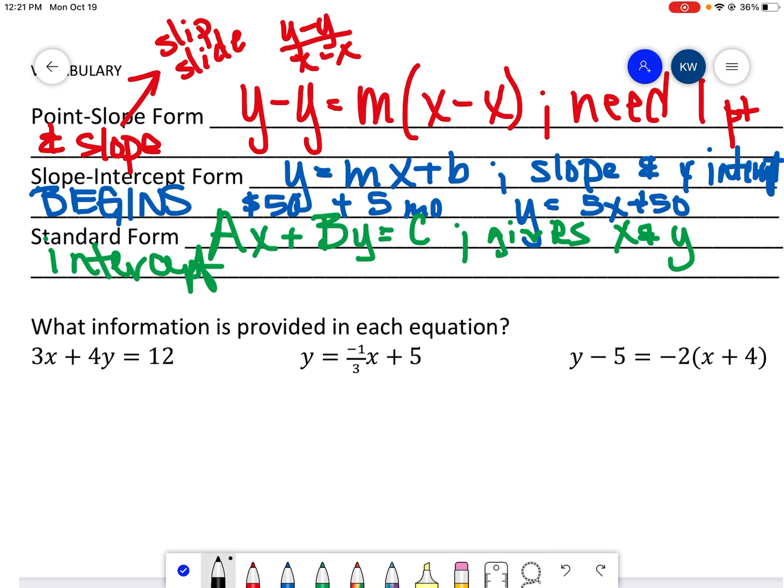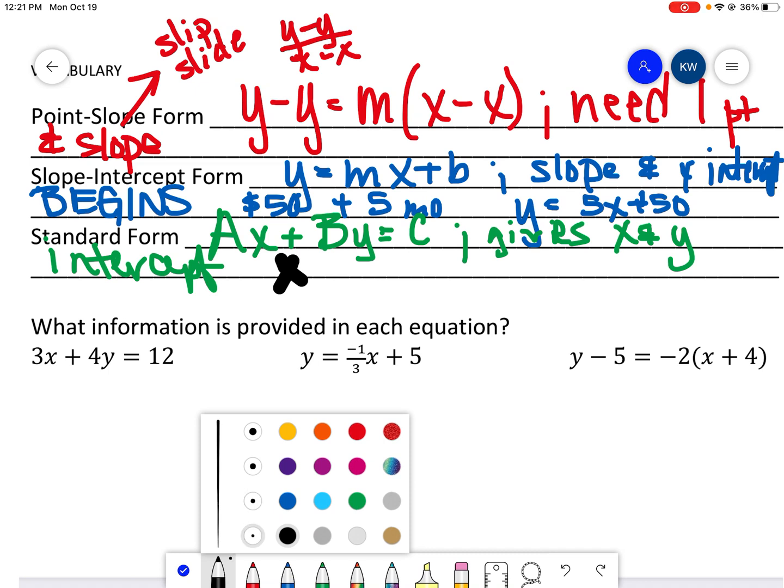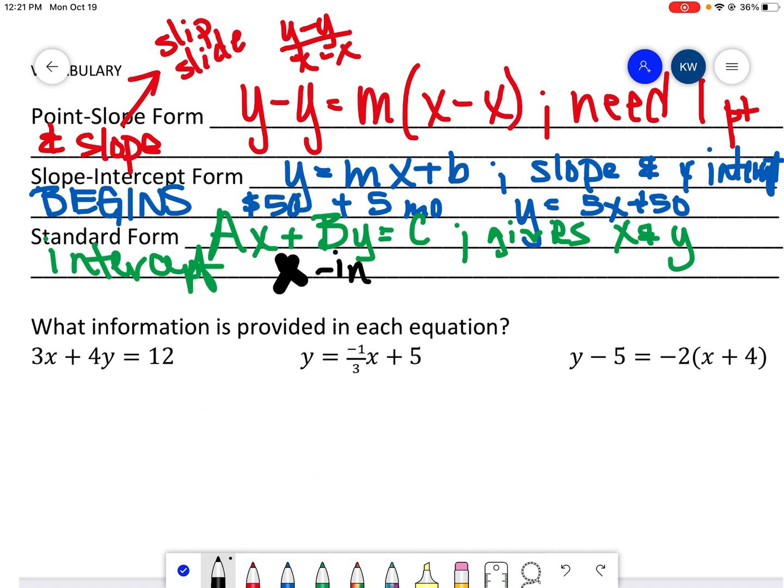To find the x-intercept, it's simply going to be C divided by A. And to find the y-intercept, it is going to be C divided by B.